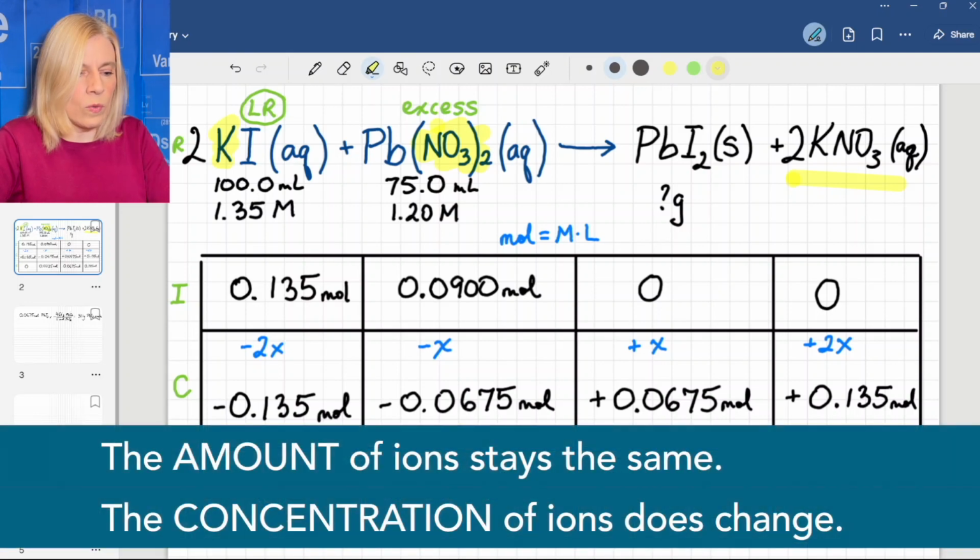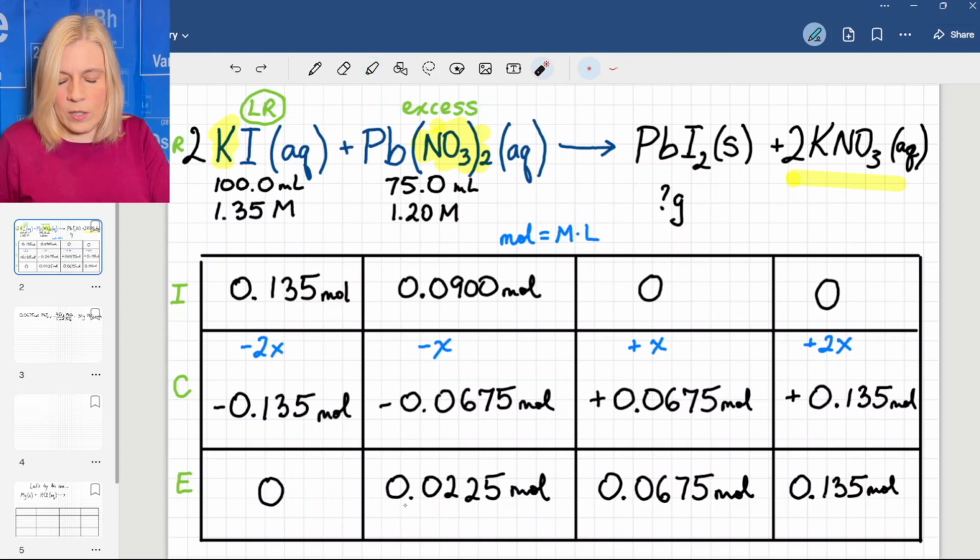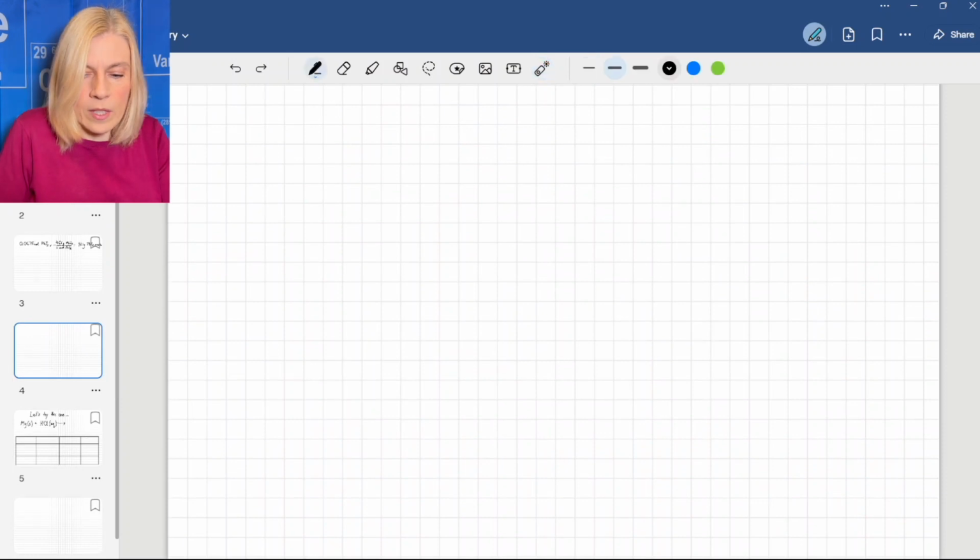So I'm going to rewrite that I have this much amount. Whoops. Let's go back here. I have this much amount of the solution of moles, and I have this much amount of my solute in this solution. Let's rewrite this and let's do some calculations. So I have, what's left over?